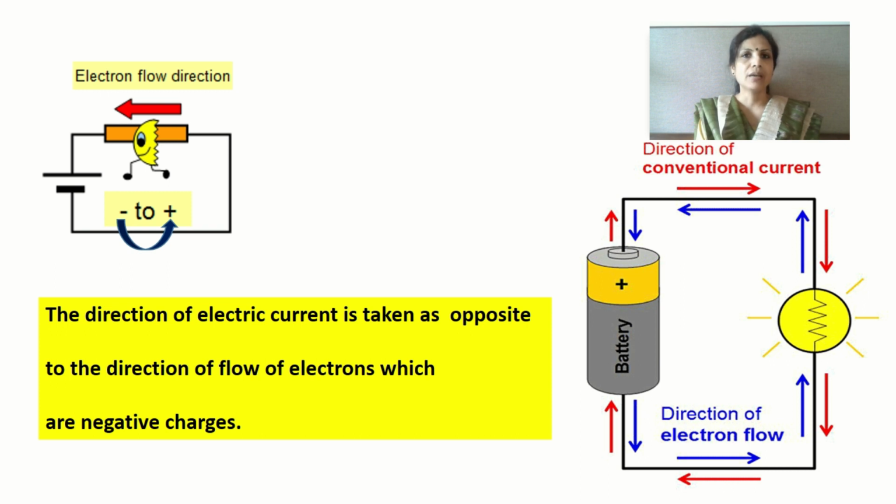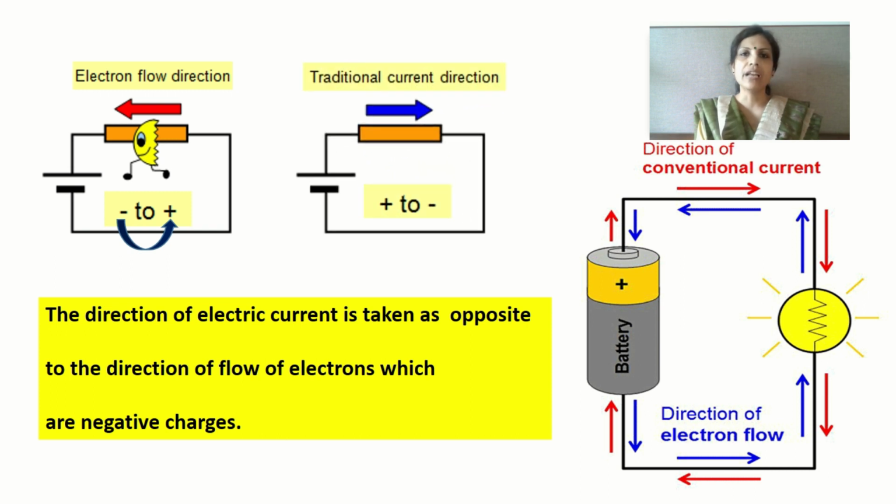So at that time the flow of electric current was supposed to be from the positive terminal to the negative terminal of the battery. This flow of electric current was given the name conventional flow of electric current. So the traditional current direction, or the conventional flow of electric current, is from the positive terminal to the negative terminal of the battery, and it is shown like this.